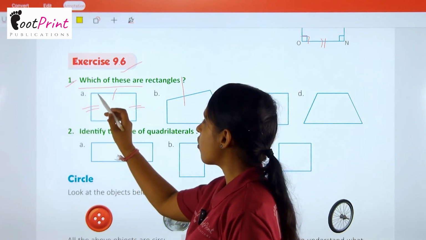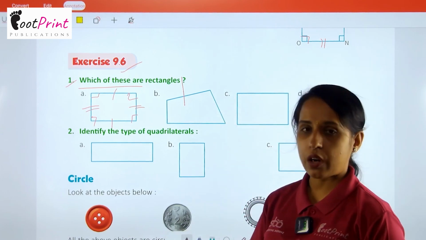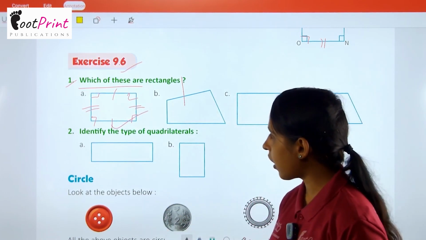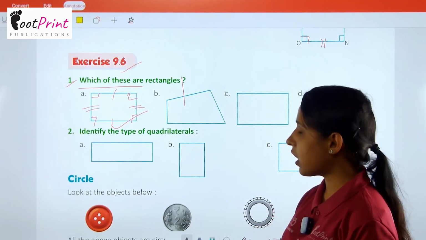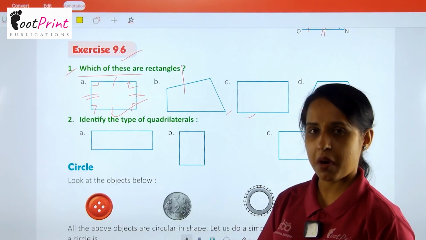We observe that the angles are also 90 degrees, so this one is a rectangle. So we can write here, yes, it is a rectangle. The rest of the part you will find by yourself.